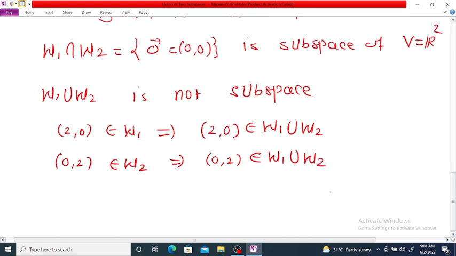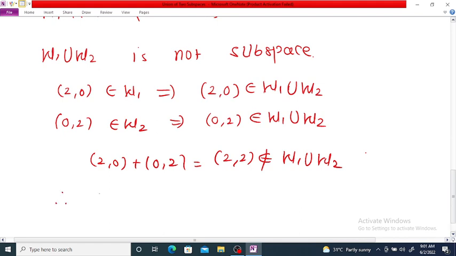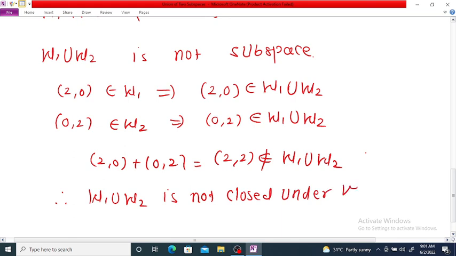But their addition (2,0) plus (0,2), which equals (2,2), does not belong to set W1 union W2. Therefore W1 union W2 is not closed under vector addition, and therefore W1 union W2 is not a subspace.